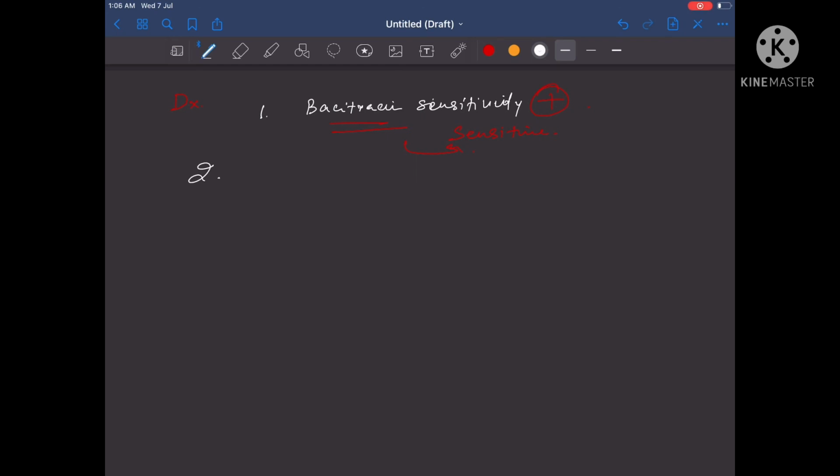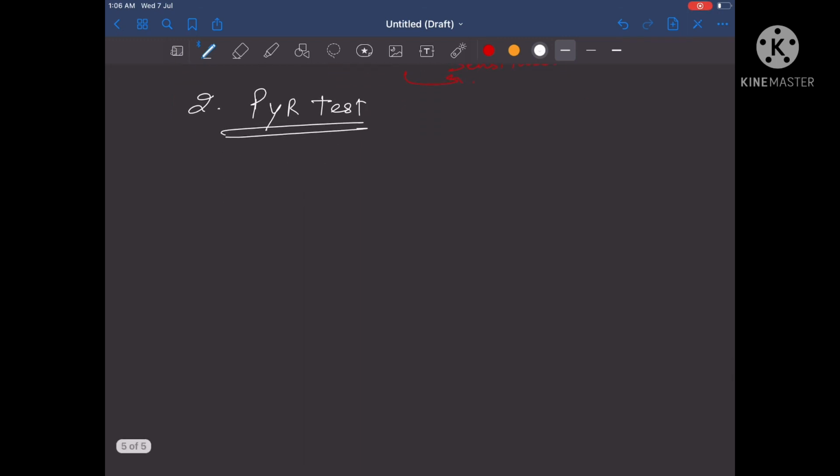Its full form is pyrrolidonyl aryl amidase test, and Streptococcus pyogenes is positive in this test also. It's a very important test, and I'll be discussing it briefly.